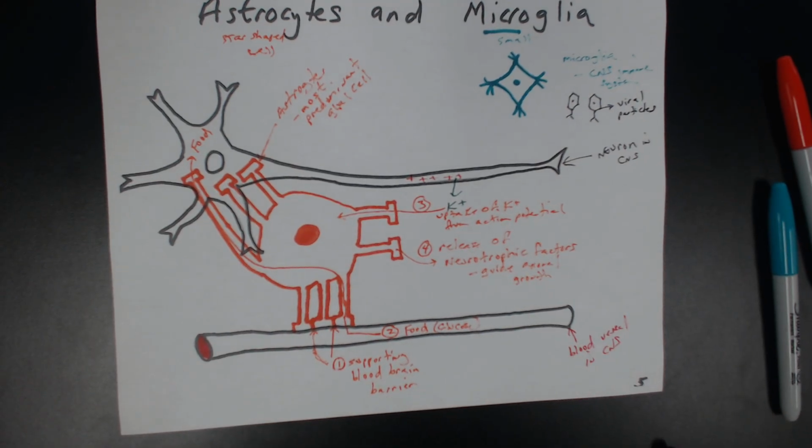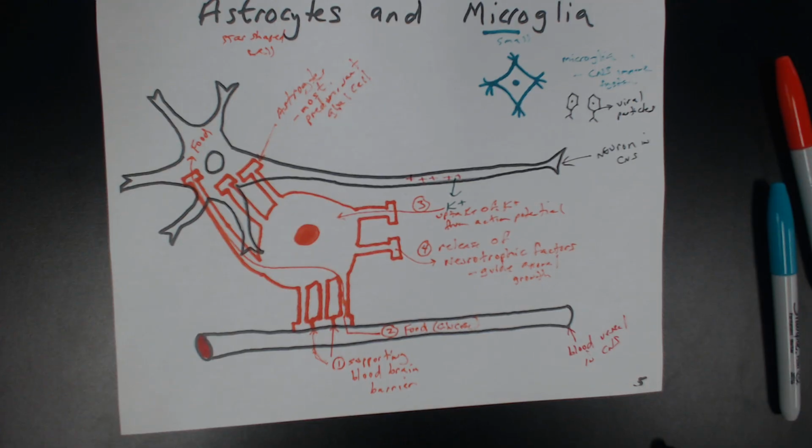Okay, so star-shaped cells, astrocytes, they're going to help in supporting the blood-brain barrier. They're going to help in providing food for the neuron. They're going to help in the uptake of extracellular potassium that's happened after an action potential. And they're going to also promote the release of neurotrophic factors, which help guide axonal growth.